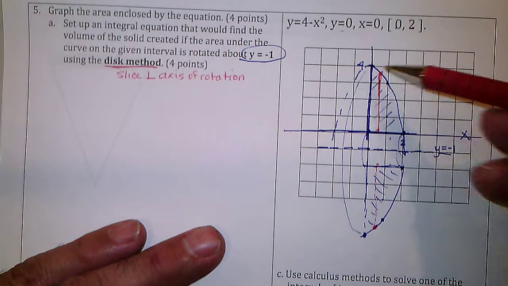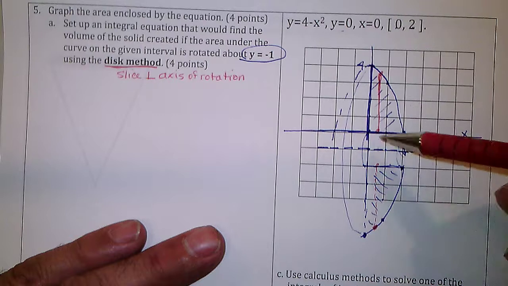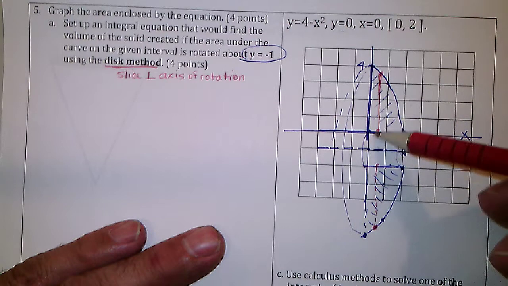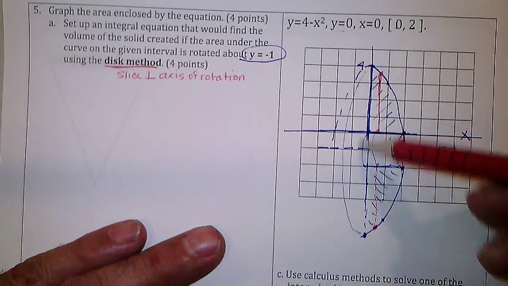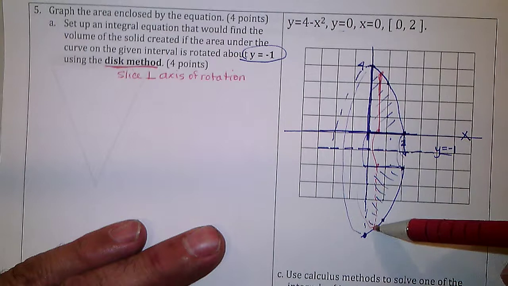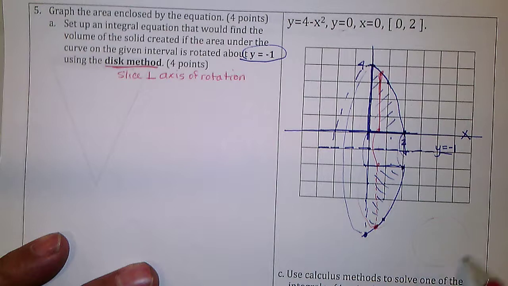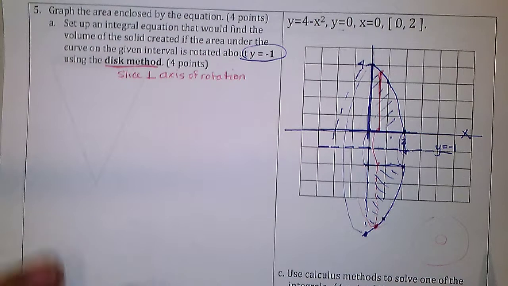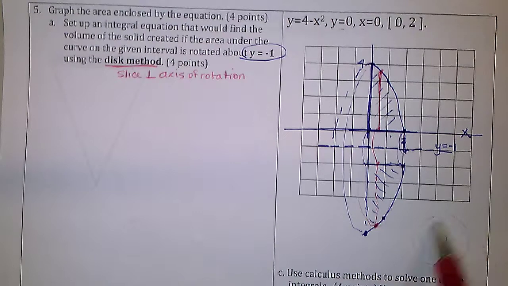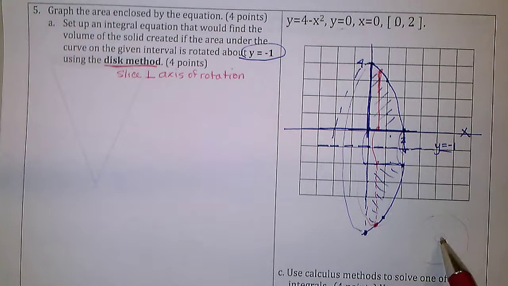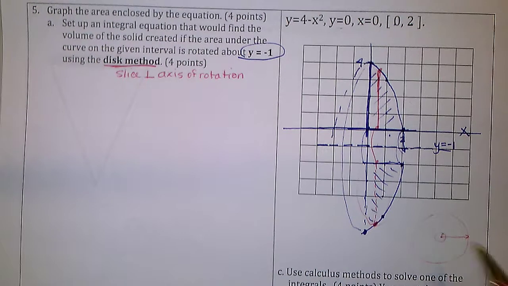And since this goes around and this goes around, I'm going to get a washer, a washer that looks something like this. To find the area of a washer, you take the area of the big circle minus the area of the small circle.